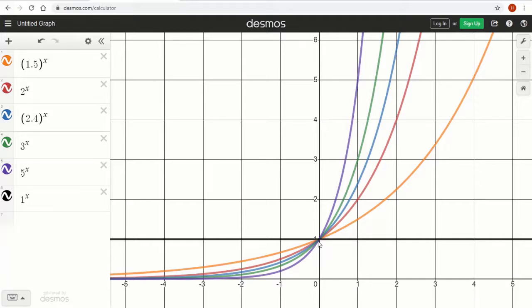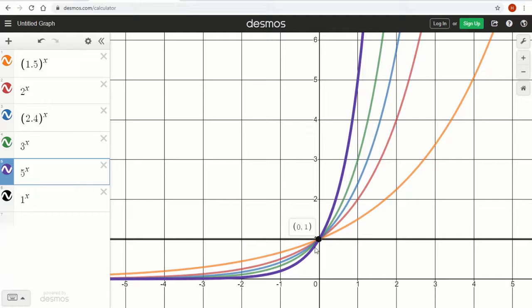And so look at this point right here, the y-intercept. Any graph of the basic exponential function a to the x passes through the y-axis right at the point 0, 1.